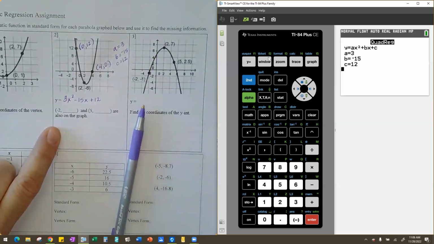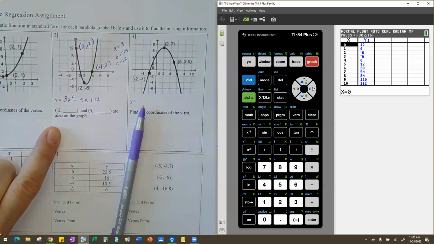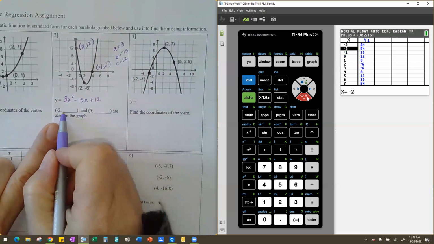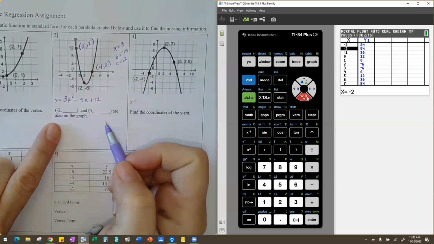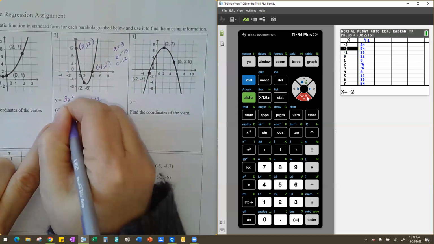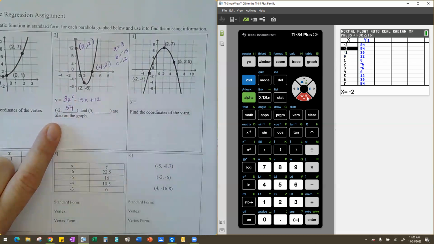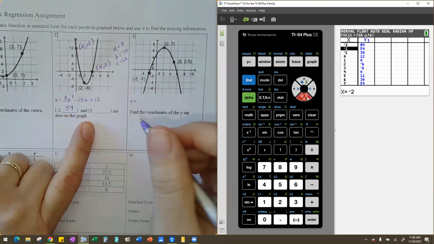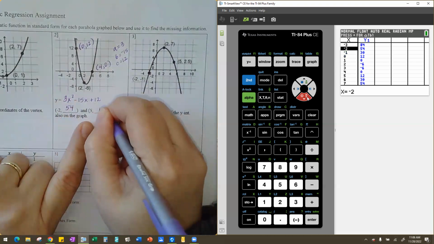Since I stored this in the y equals here, I can also look at the table to see what these other points are that are on the curve. (-2, 54), (5, 12).